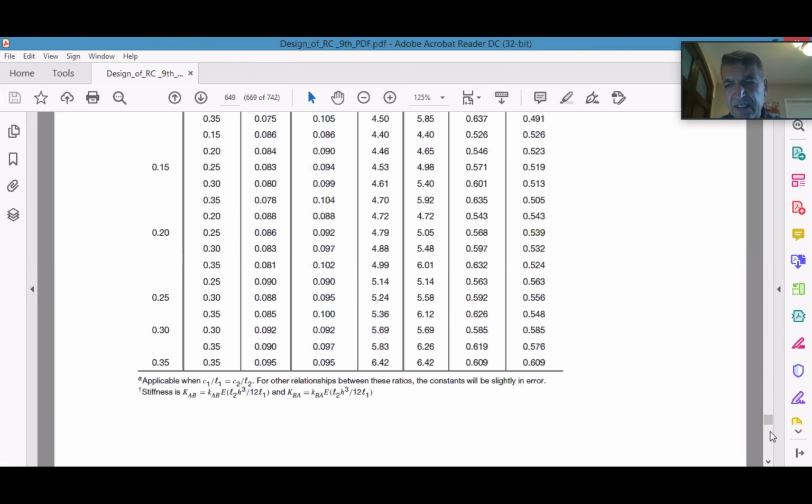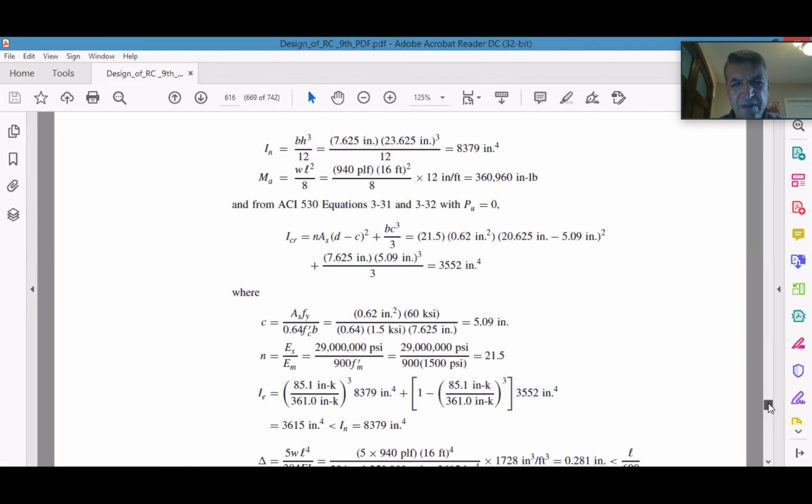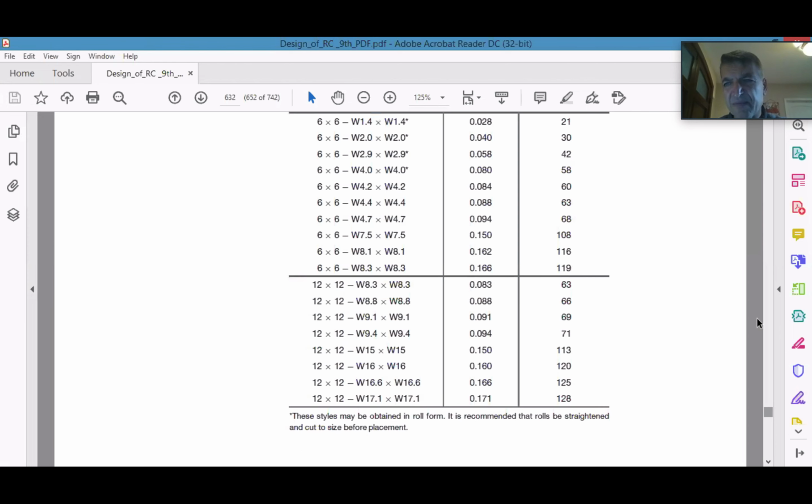And I want you to be familiar with the back of the book, guys.